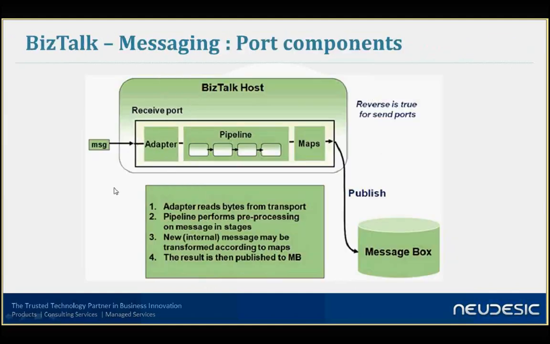So now we'll look in a little more detail at a port, what a port contains, the port components. For example, we have a receive port. When a message comes to the receive port through the adapter, it passes to pipelines, which contain various steps.